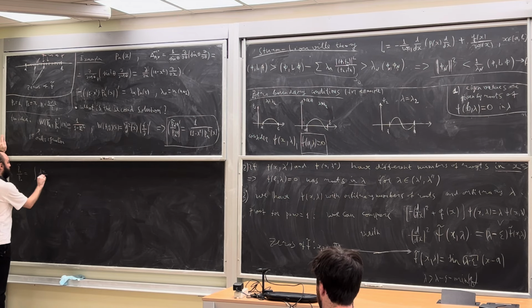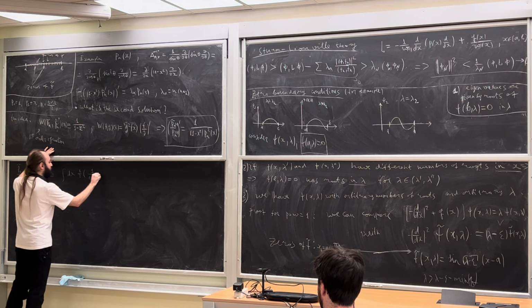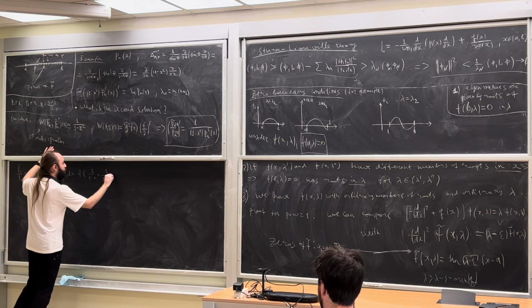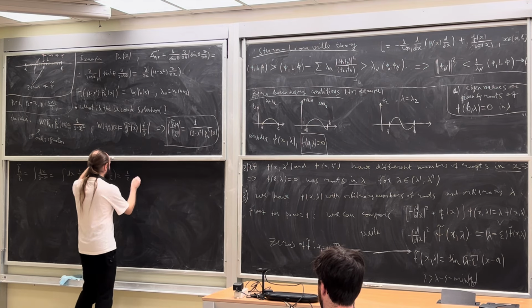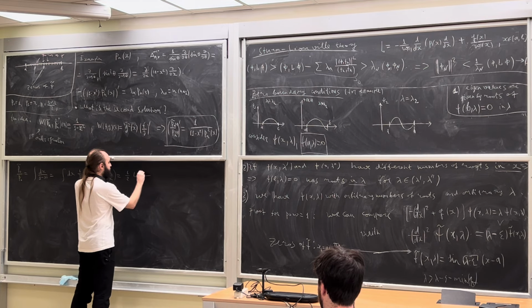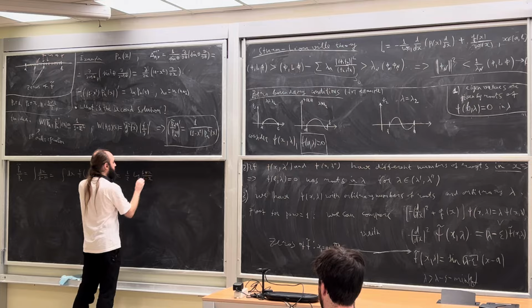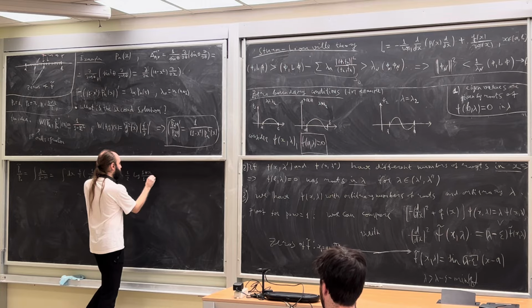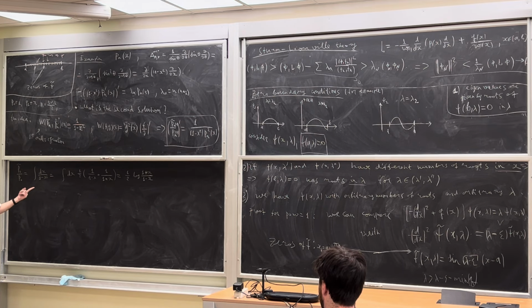The integral of dx over 1 minus x squared, which is dx times 1/2 of (1 over 1 minus x plus 1 over 1 plus x), so it was 1/2 times log of (1 plus x over 1 minus x). That's good. So you see that there is a function that has singularities at the ends of our interval.